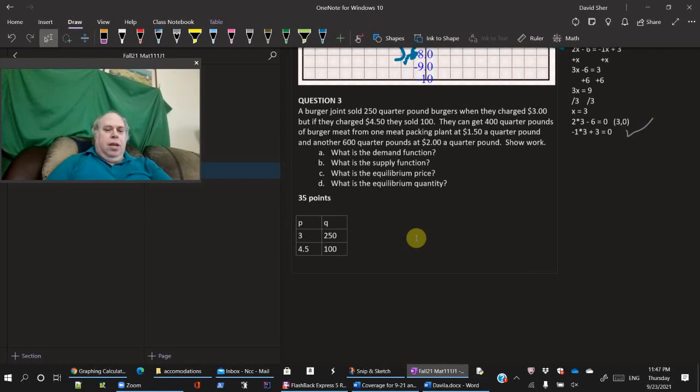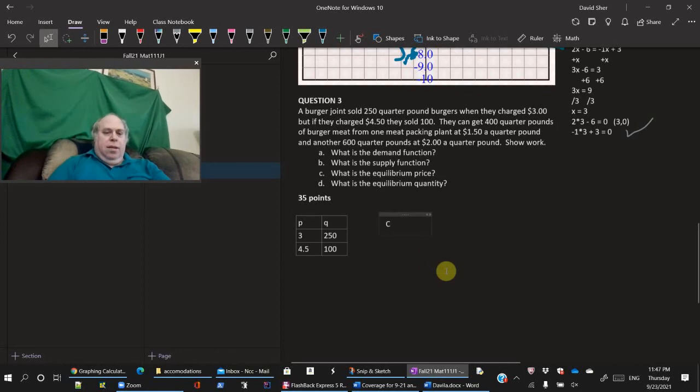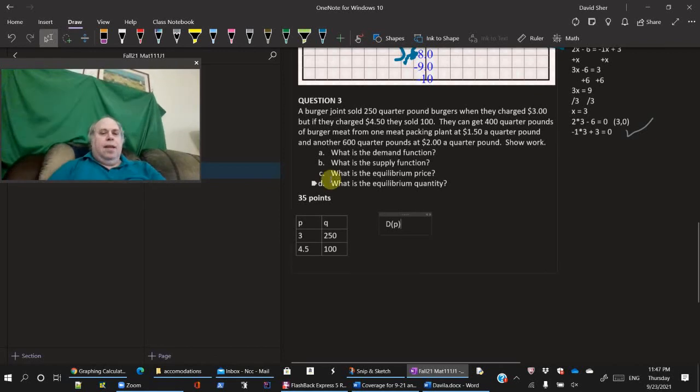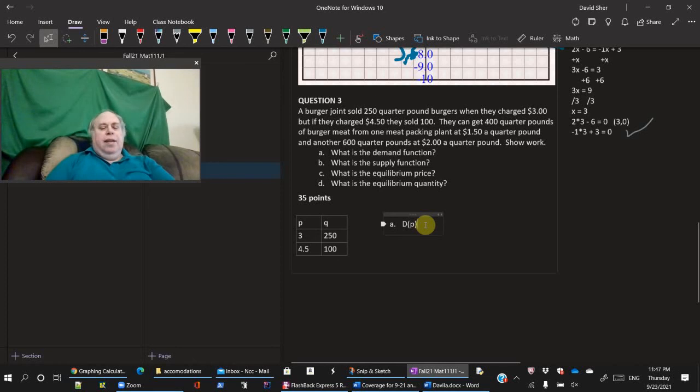So the demand function, D of P, and we're solving part A here, is going to be linear. It's going to be a linear function of price, so it's going to equal slope times P plus intercept.